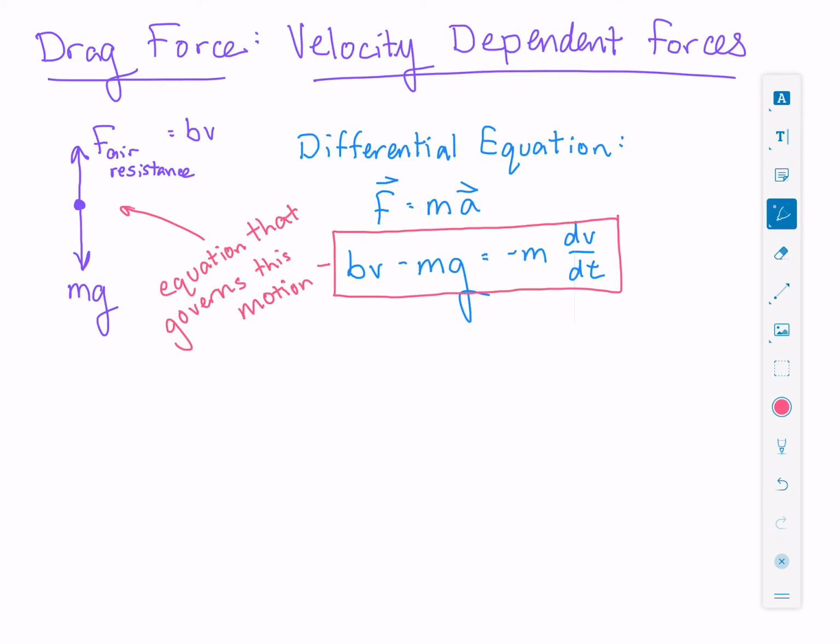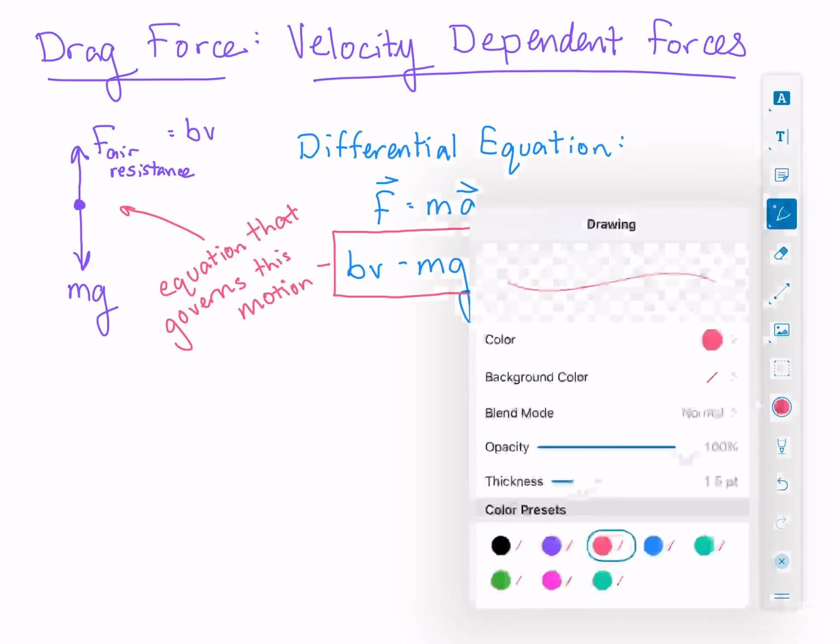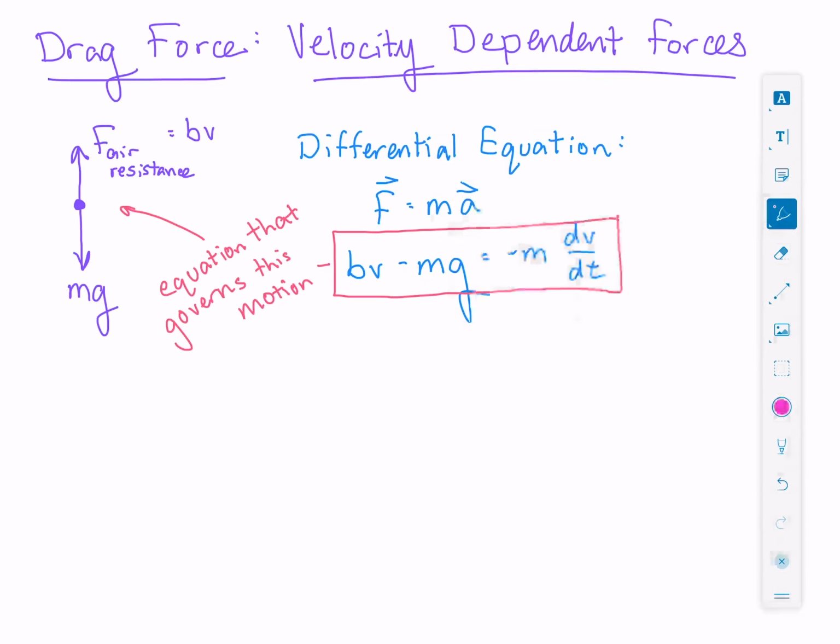What we can think about is the max speed is when the acceleration is going to equal 0. So we can therefore say the max speed is mg over b. Essentially, we drop this object, the speed starts off at 0.